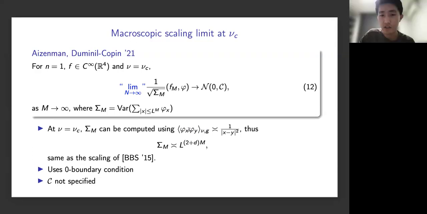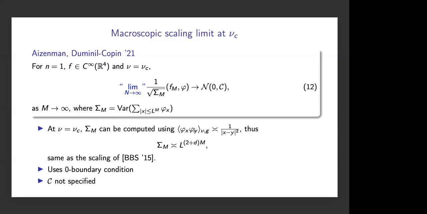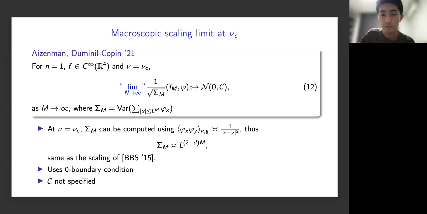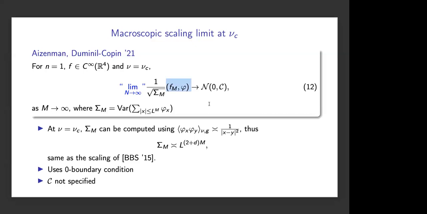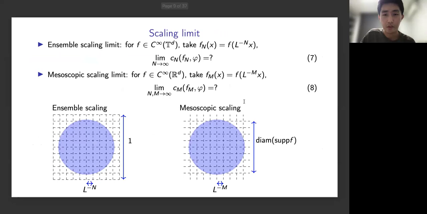I'm just trying to get a hold of this inner product you've written in equation 12, this f_m phi. Can you remind me what f_m means? Yes, it was defined in the mesoscopic scaling limit.